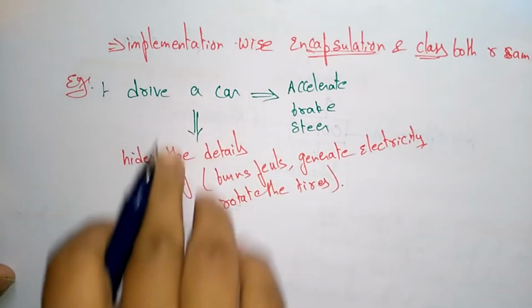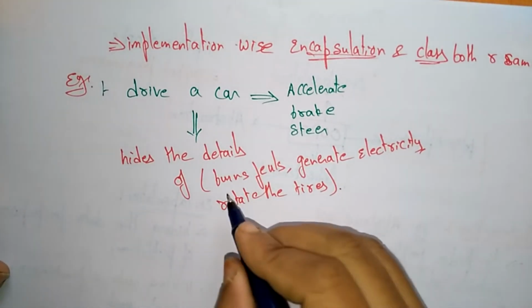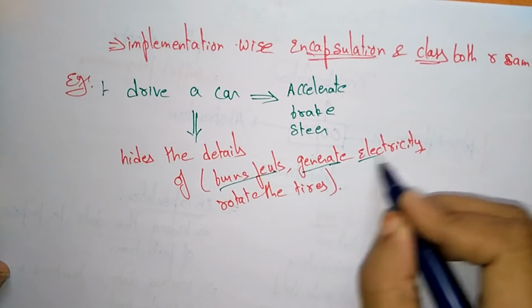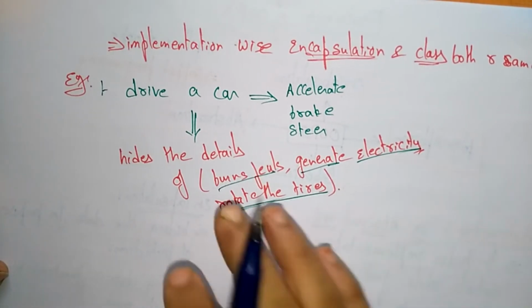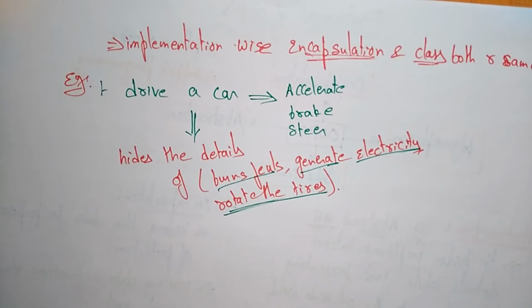The car is hiding the details of all these features. Whenever the driver is driving the car, he doesn't think about how the fuel is burning, how the electricity is generating, how the wheels are rotating, how many rotations it is taking. They don't think about the implementation details.